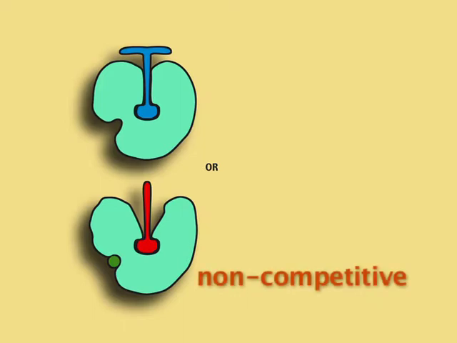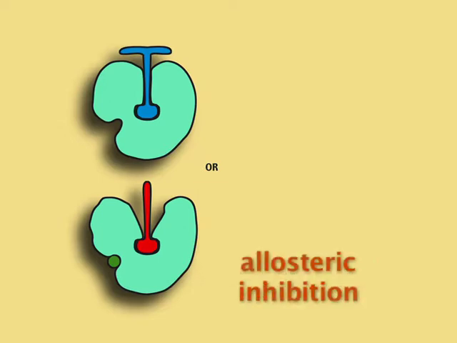This is non-competitive as the inhibitor is not competing with the substrate for the active site. It may also be called allosteric inhibition. It may be reversible if the inhibitor binds to the allosteric site only briefly, or irreversible if the inhibitor binds to the allosteric site permanently.